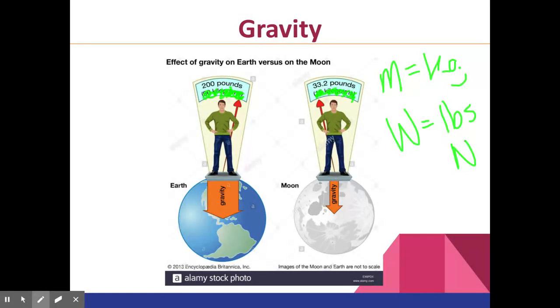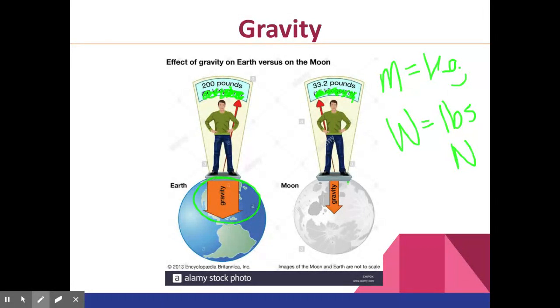Anyway, based upon the mass of the Earth versus the mass of the sun, and the distance between them, we'll say that we have this amount of gravity that's pulling us down. Now, the moon happens to be way smaller than the Earth. It's also, technically speaking, further away from the sun than the Earth is.